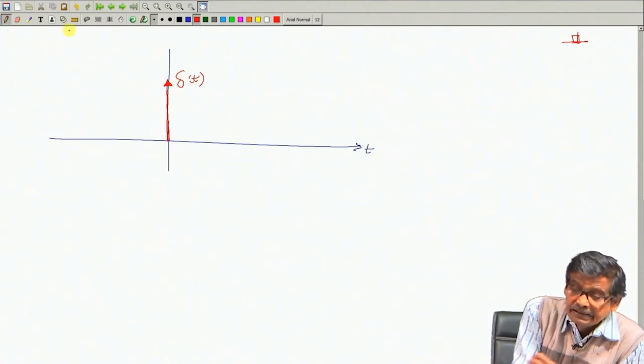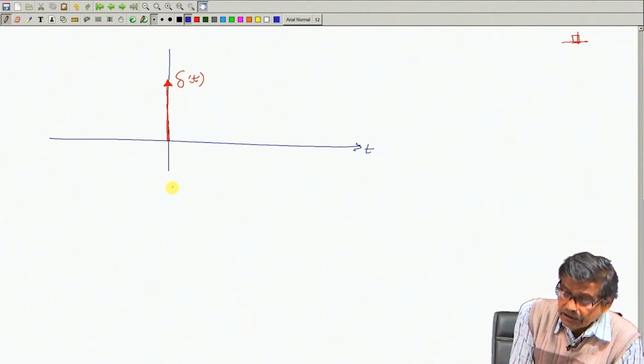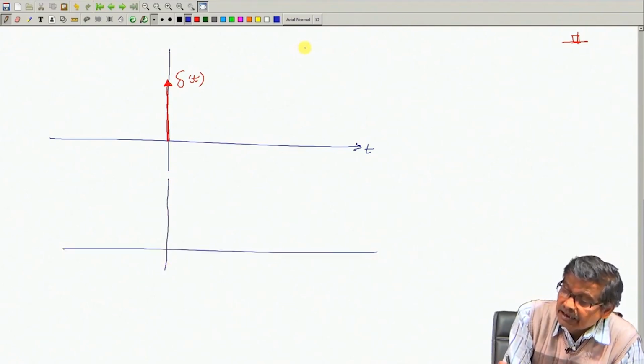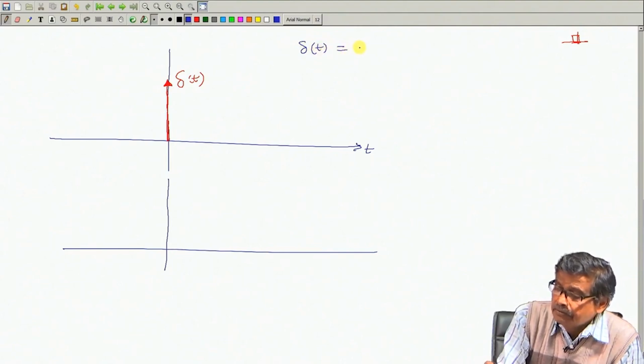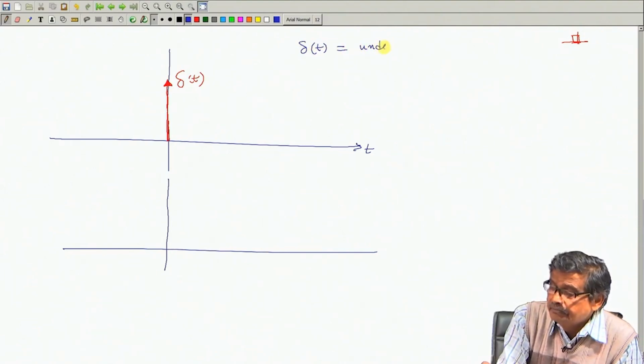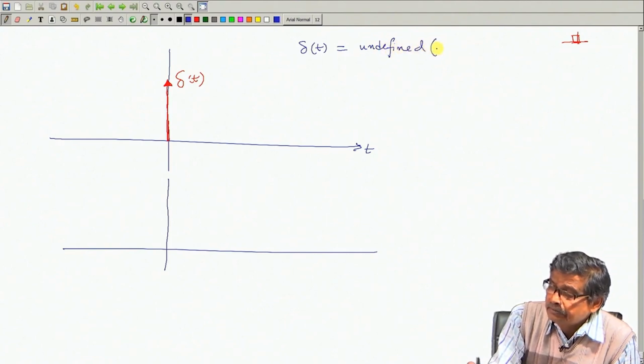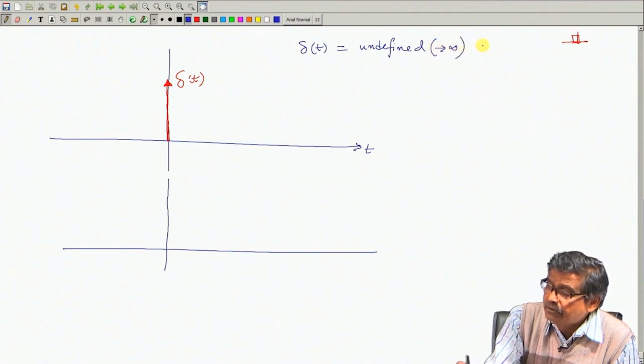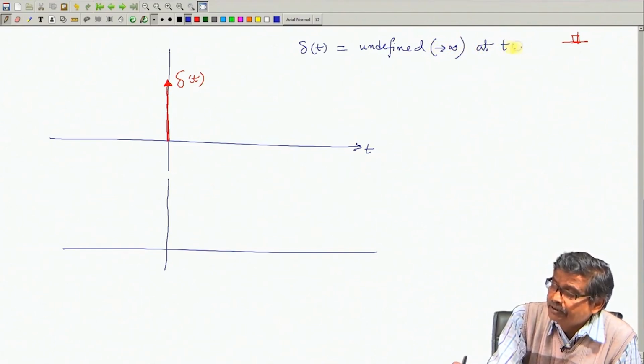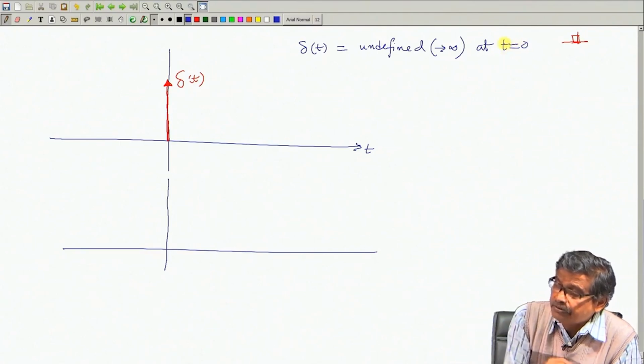Recall that delta(t) is undefined, going to infinity at t equal to 0. No point in asking what is the value of the function at t equal to 0.